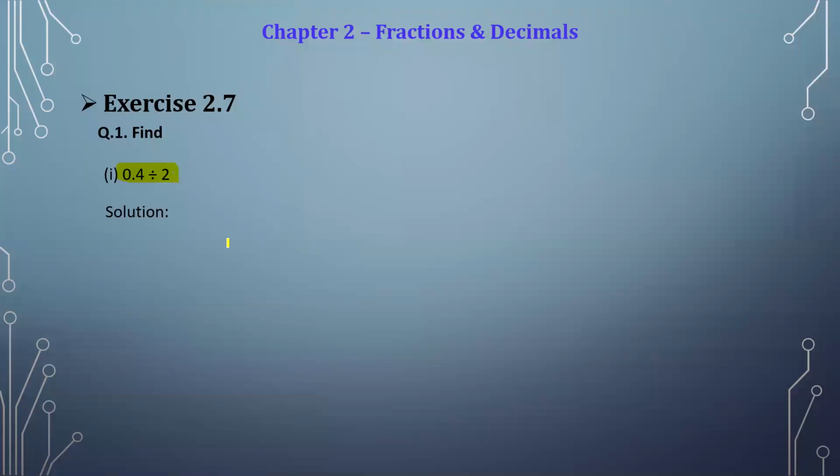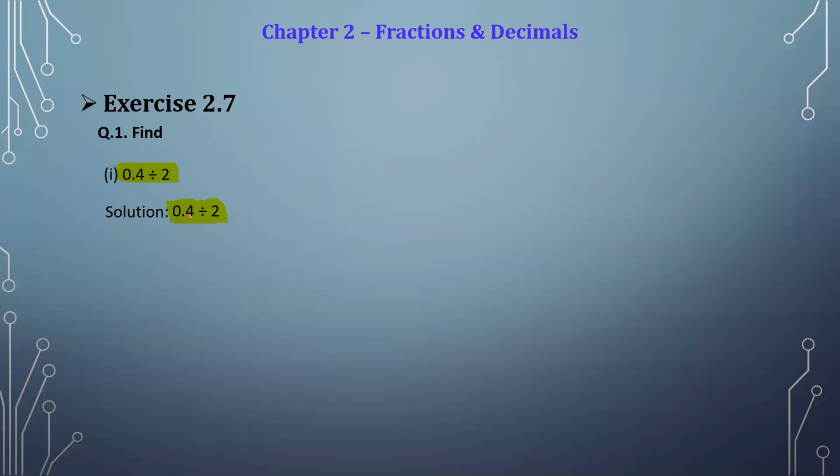Now here the division is 0.4 divided by 2, and while considering this division, again we consider the first step, that is ignoring the decimal point.